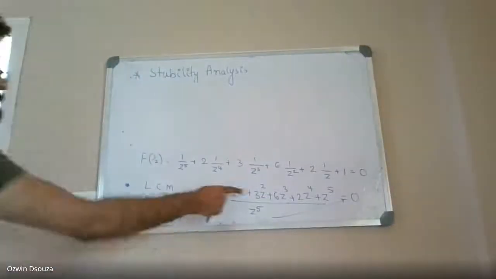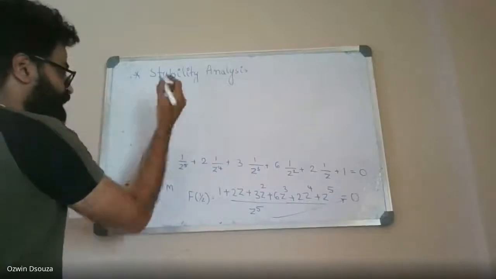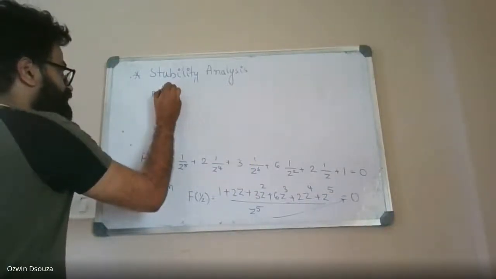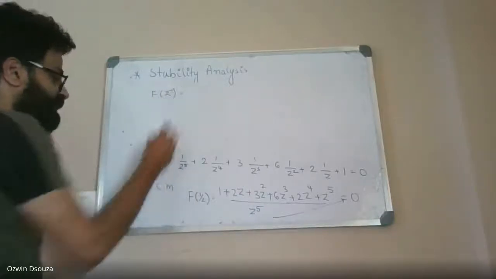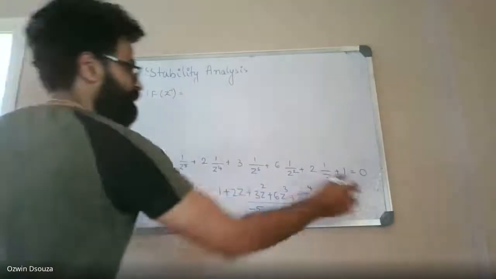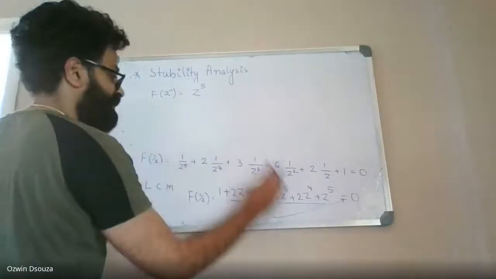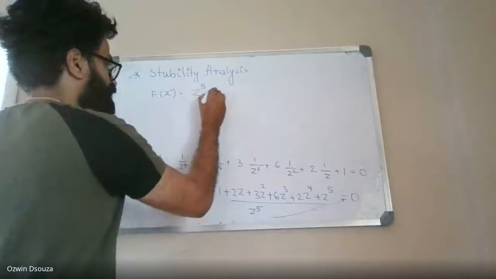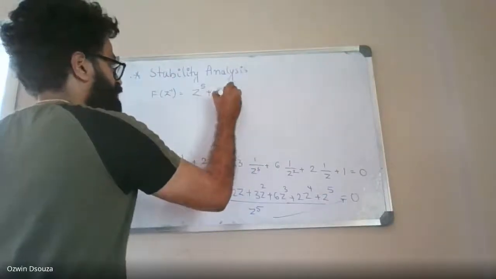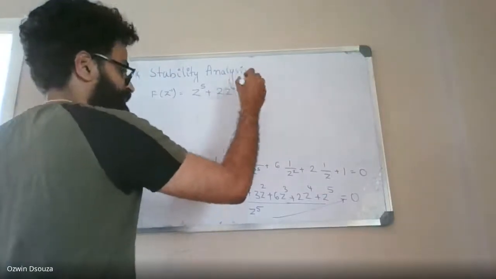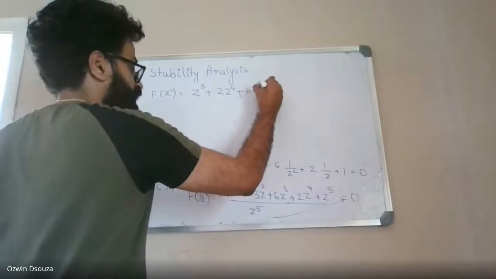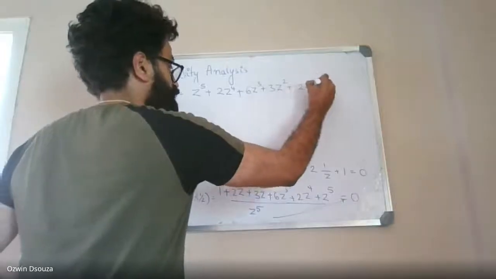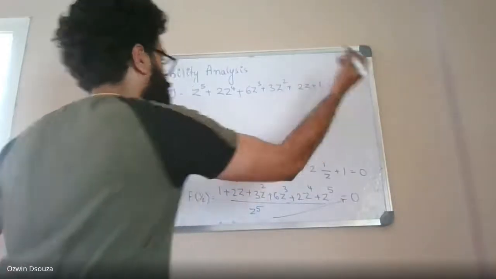Now, by rearranging these terms, let us rearrange this equation in the descending power of Z. So Z to the power 5 plus 2Z to the power 4 plus 6Z cubed plus 3Z squared plus 2Z plus 1 is equal to 0.